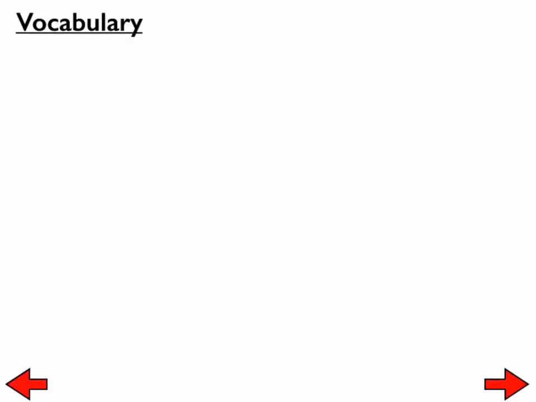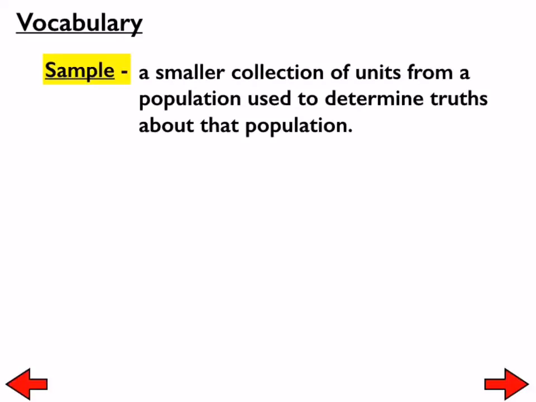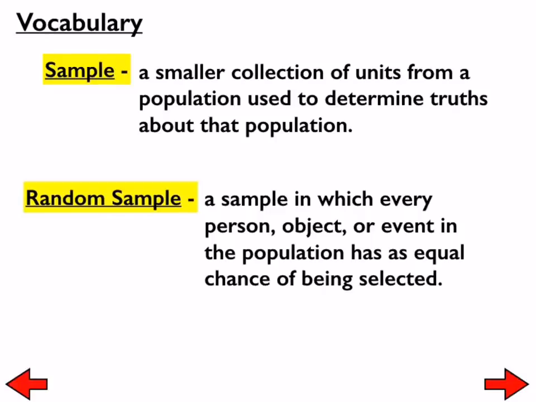So let's deal with some vocabulary here before we actually get into answering some questions. First, a sample is a smaller collection of units from a population used to determine truths about that population. A random sample is a sample in which every person, object, or event in the population has an equal chance of being selected.